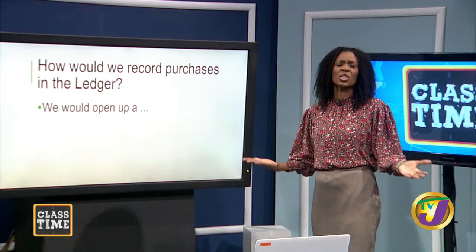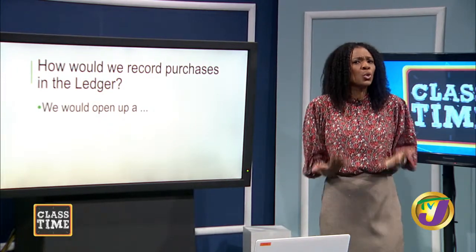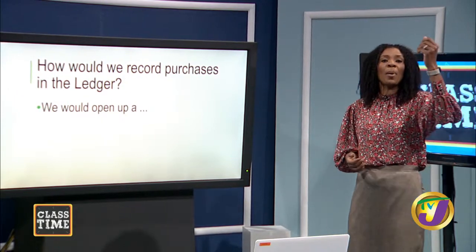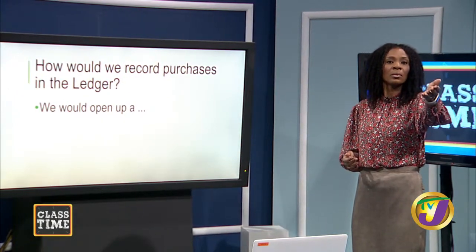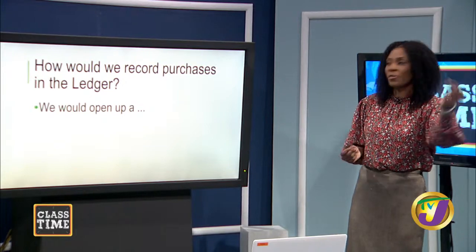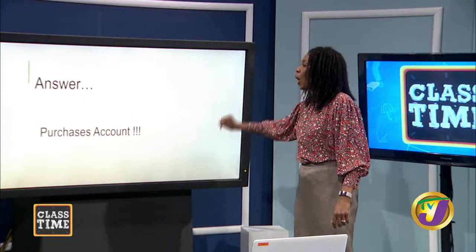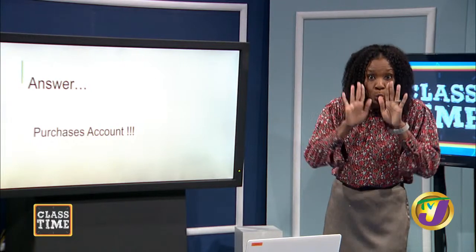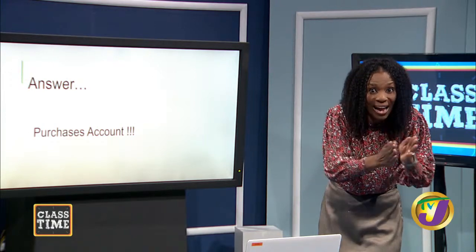Now, when we purchase goods, how do we record this in the ledger? We would open up a purchases account. Now, we can't pack all of the transactions related to stock in one big stock account. No, that may cause confusion, students, and we need to track the movement of the stock very carefully.